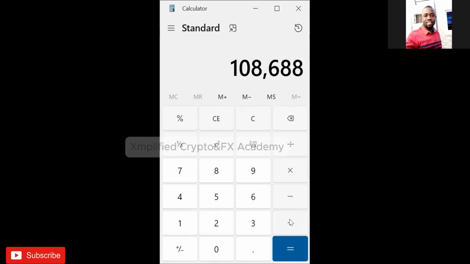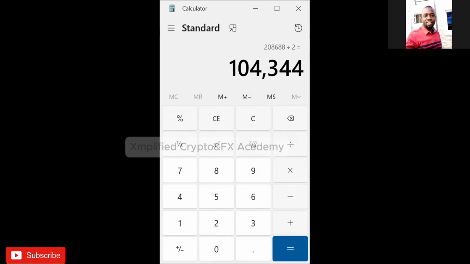It didn't get to your profit points. So what I suggest is that you use the DCA method to buy another one at 100,000. Then divide by 2 to know your average Bitcoin buy. 104 is not your actual average Bitcoin buy, this is just an example that I'm showing you.